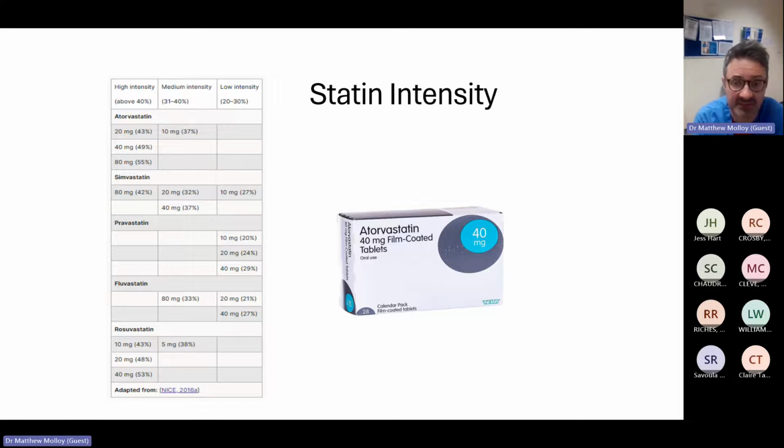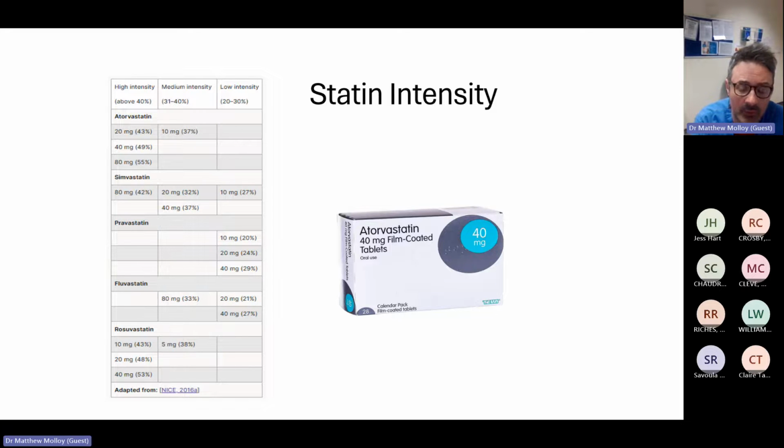If atorvastatin isn't tolerated for whatever reason, and if it's not a class effect, we usually go for 5 or 10 milligrams of rosuvastatin. We still have patients historically on simvastatin, pravastatin, and fluvastatin, less so, but you can see from the stats there that the doses we prescribe simvastatin at are far inferior in reducing LDL cholesterol than atorvastatin and rosuvastatin.